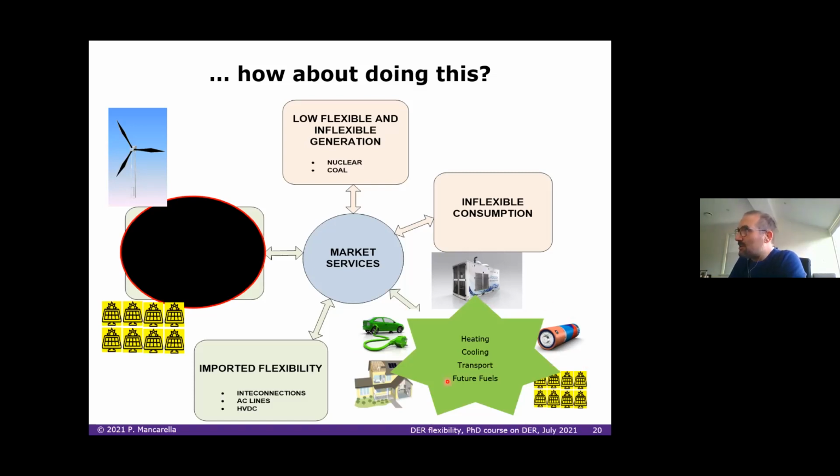So this storage can actually come from different sources, and most of them are actually distributed. So it's not just large-scale batteries, or batteries at the level of buildings or communities, as we'll see, but could be, for example, some form of storage that you have in buildings.